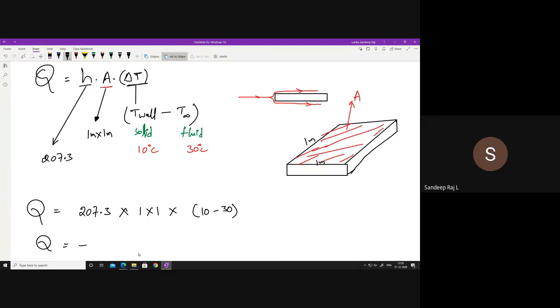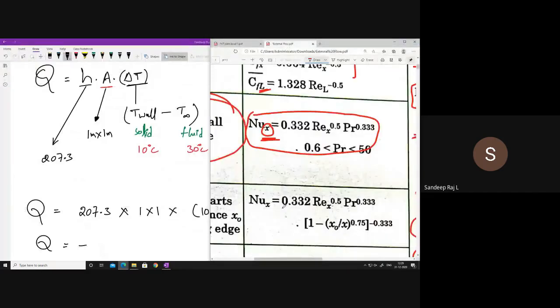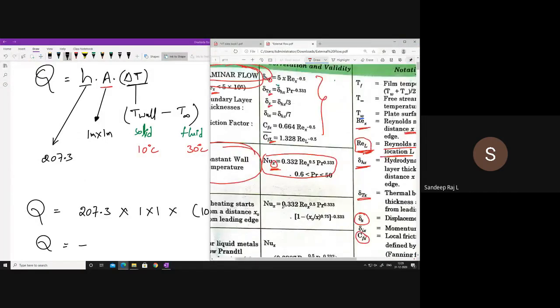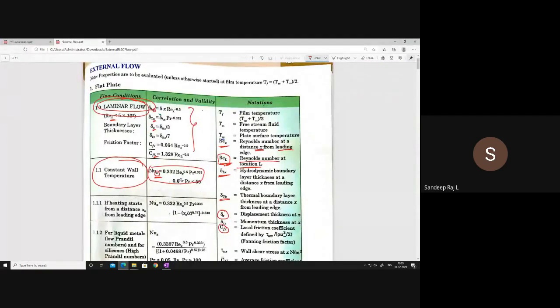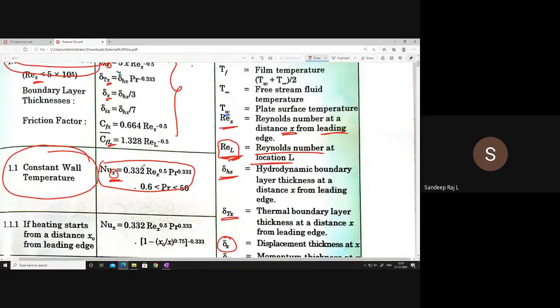That is not the right answer. Actually, you have done it correctly. I must tell you one thing here that I missed, that is why your answer is wrong. When you write this NUX here, the very important thing you must understand is that this NUX is a local value actually.